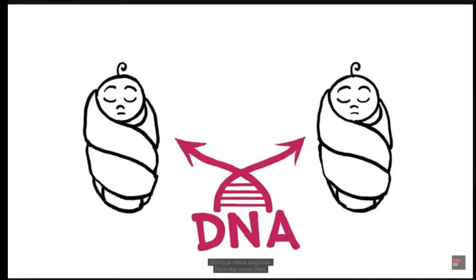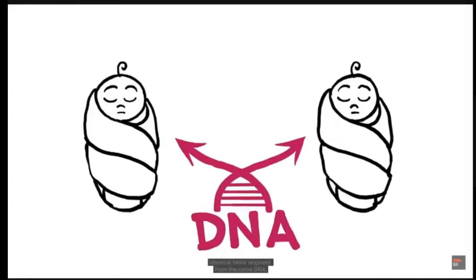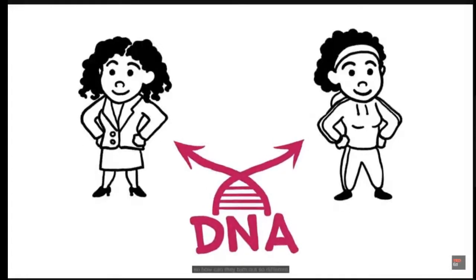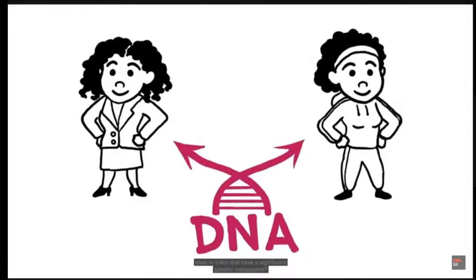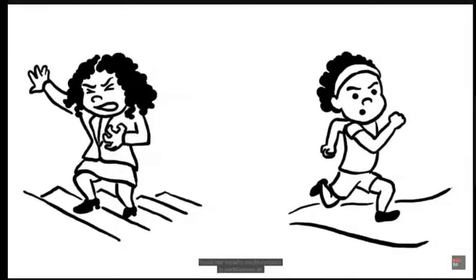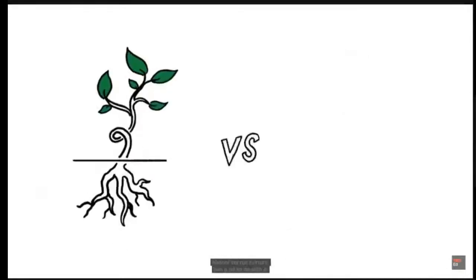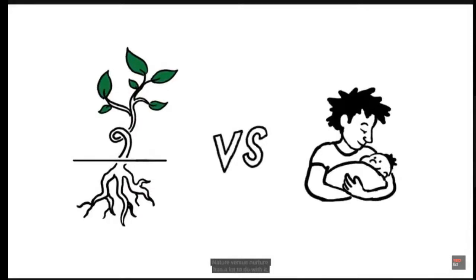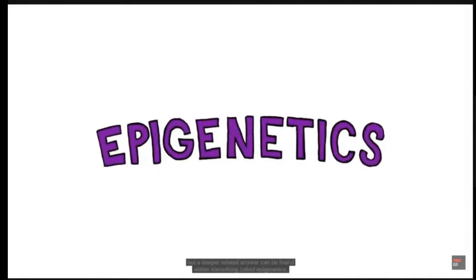Here's a conundrum. Identical twins originate from the same DNA, so how can they turn out so different, even in traits that have a significant genetic component? For instance, why might one twin get heart disease at 55 while her sister runs marathons in perfect health? Nature versus nurture has a lot to do with it, but a deeper related answer can be found within something called epigenetics.